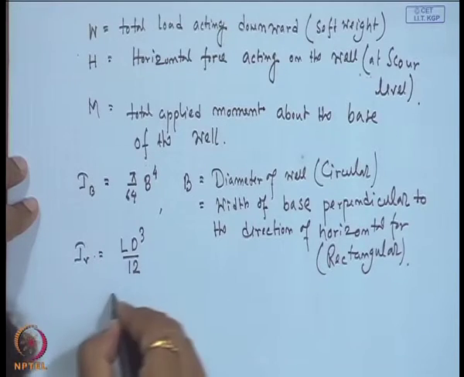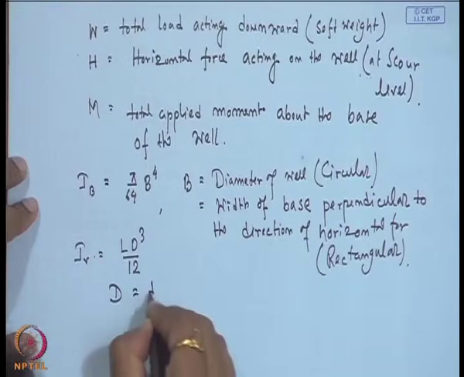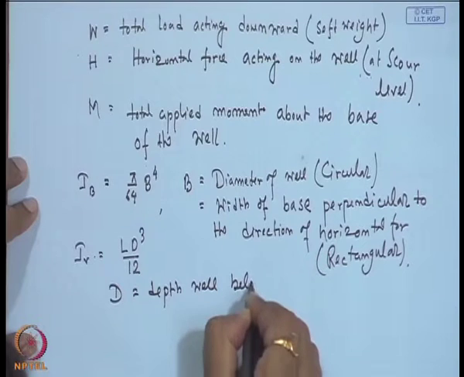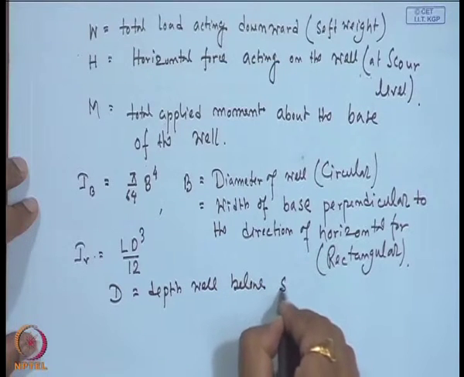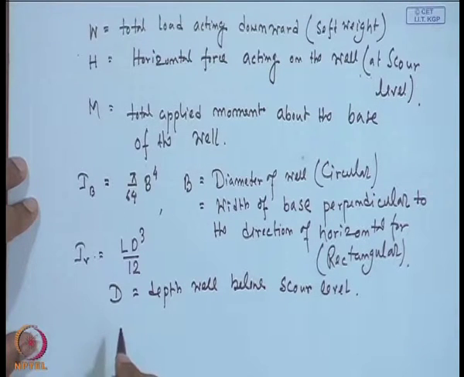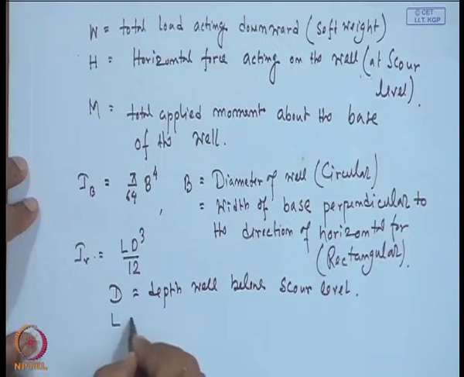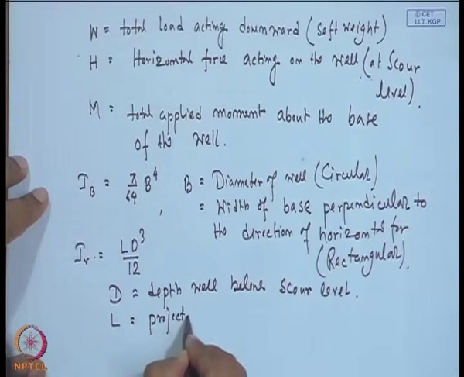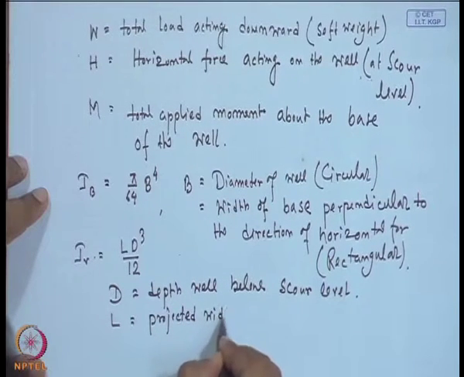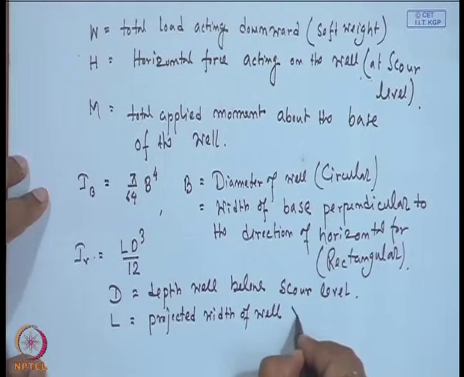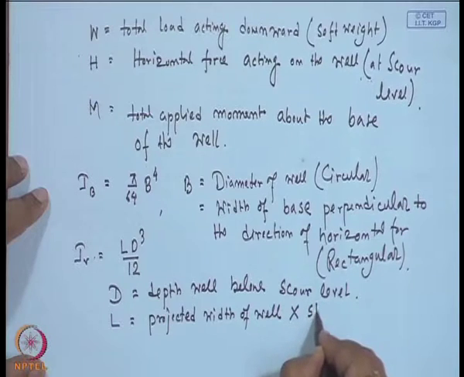So, in this expression d is the depth of the well below scour level, and L is the projected width of the well into a shape factor.